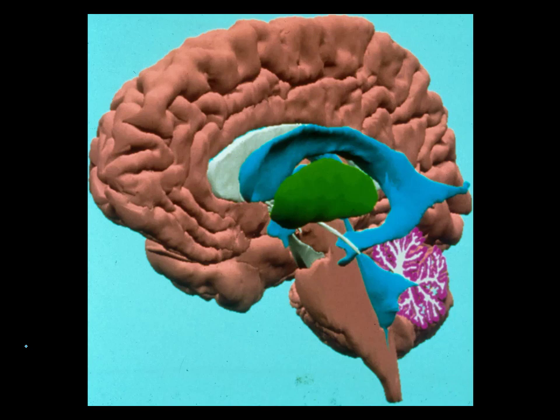What fiber bundle do we already know that's doing that? Well, I can name 3 of them already. So spinothalamic has to be doing that. If you have the spinothalamic, what else do you have to have? You have to have the medial lemniscus, because that's the other part of that sensory information from your cord, right?